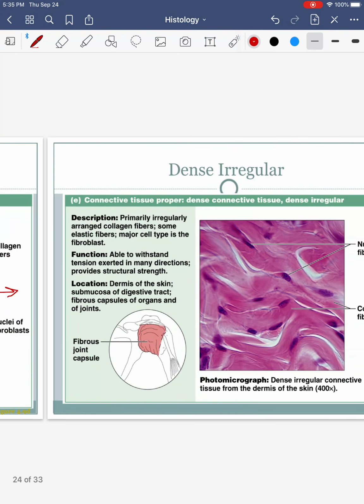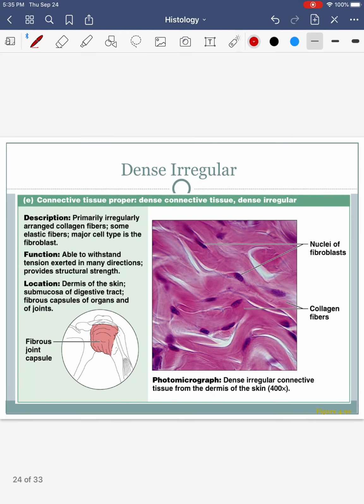Now, let's contrast that to dense irregular. In dense irregular connective tissue, there are still collagen fibers, but they run every which way. Some collagen fibers run that way. Other collagen fibers run this way. So the collagen fibers are aligned irregularly.